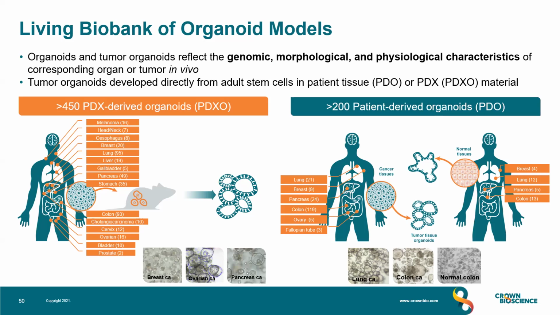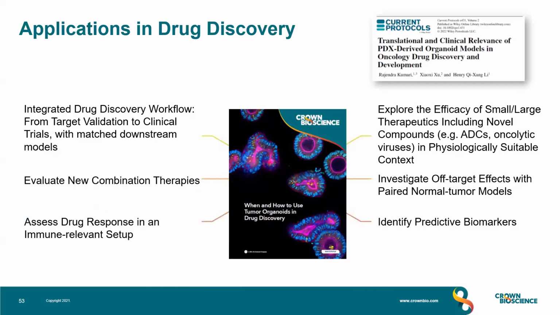As we have thousands of PDX, we're growing this PDXO collection continuously, and the database is updated in parallel. The PDO models on the right include both tumor and normal tissue organoids. And again, that's because the adult stem cells reside in all tissue, including normal and disease. So we have over 6 different indications, as well as, in some cases, matched metastatic and primary tumor pairs.